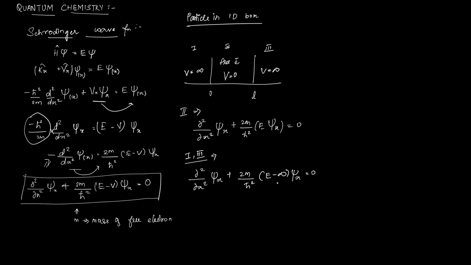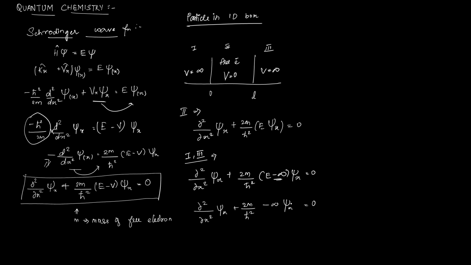You are subtracting infinity, and infinity, even if you add anything, multiply anything, or subtract anything, is going to be again equal to infinity, and we have a negative sign on your infinity. So this is going to be equal to dou square by dou x square psi of x plus 2m by h square, minus infinity into psi of x is equal to 0.